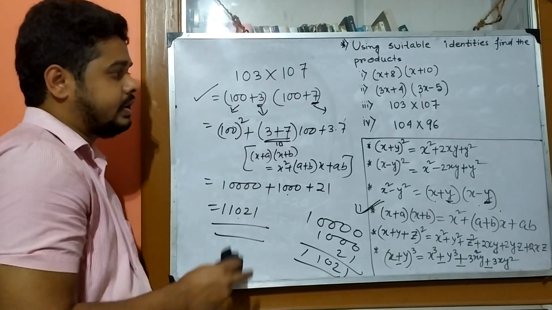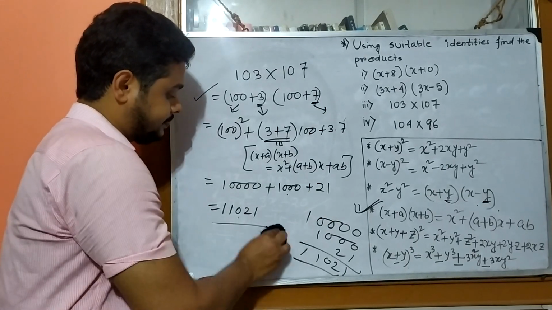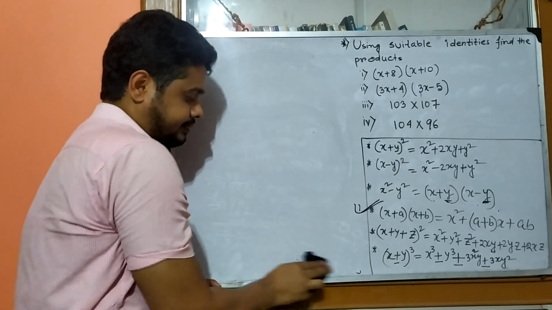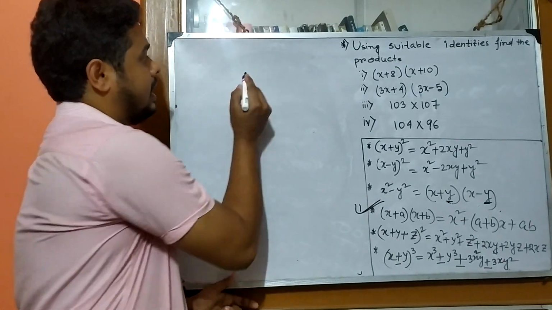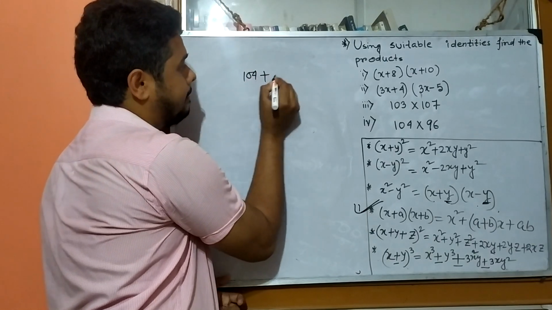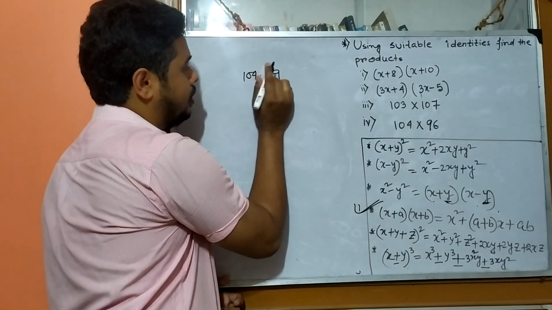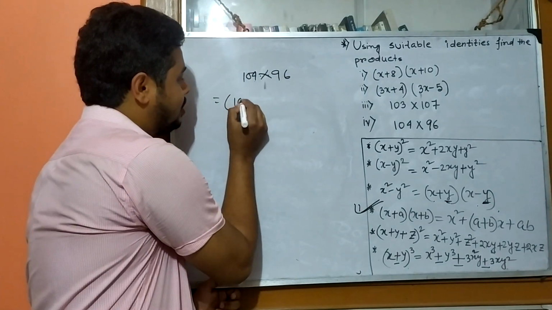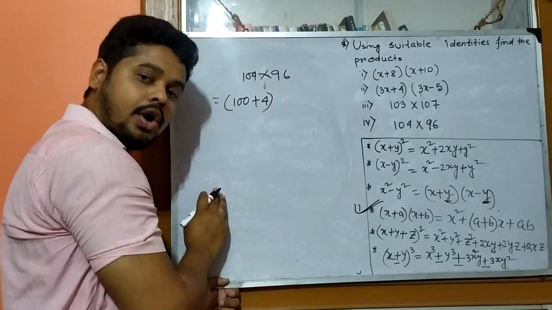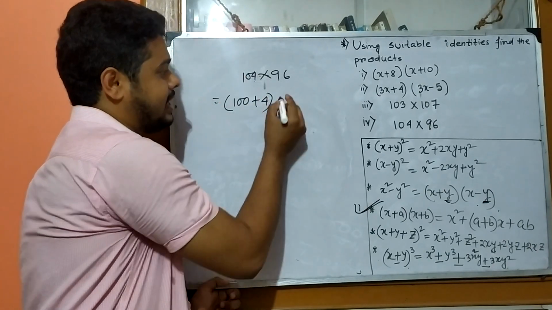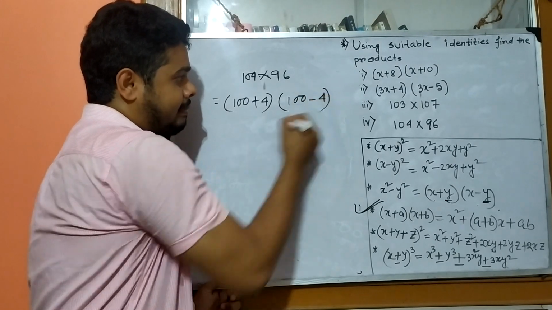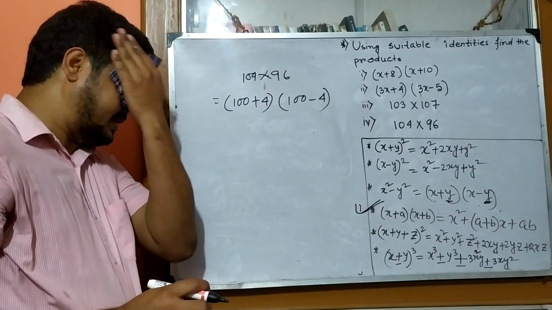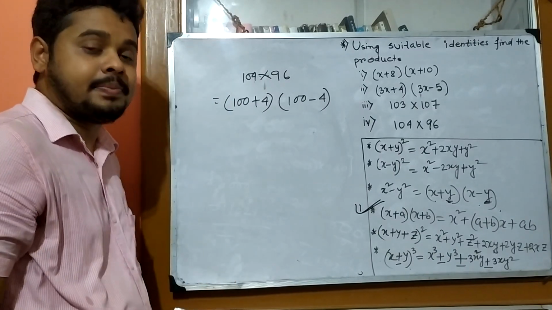Now we are coming to the next problem. 104 into 96. That time 104 we can write as 100 plus 4, and 96 we can write as 100 minus 4. So this time which identity we have to apply?